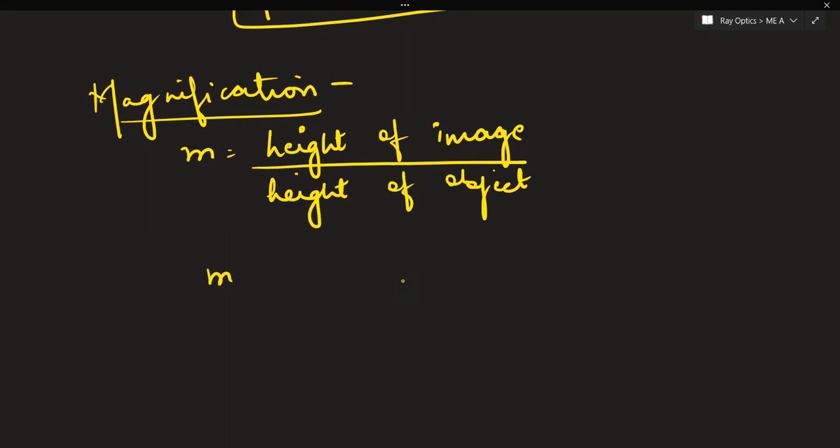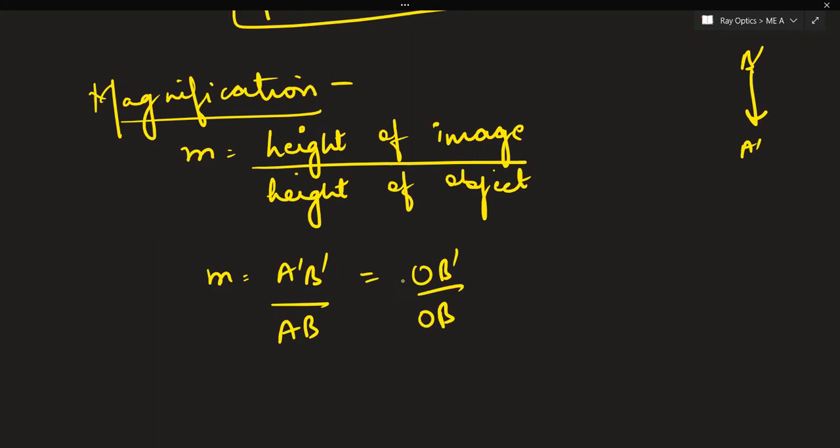So height of image is A dash B dash, and height of object was AB. So at one place, remember, we wrote it as OB dash by OB. A dash B dash by AB is equal to OB dash by OB. That makes it V by minus U.